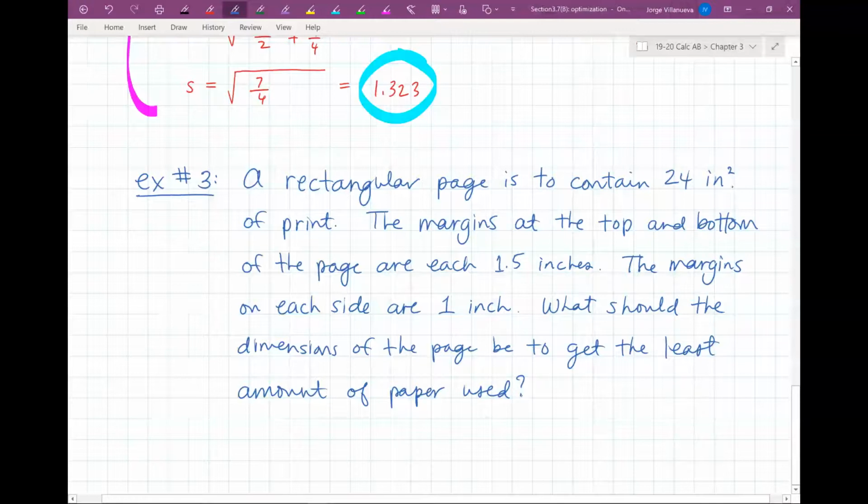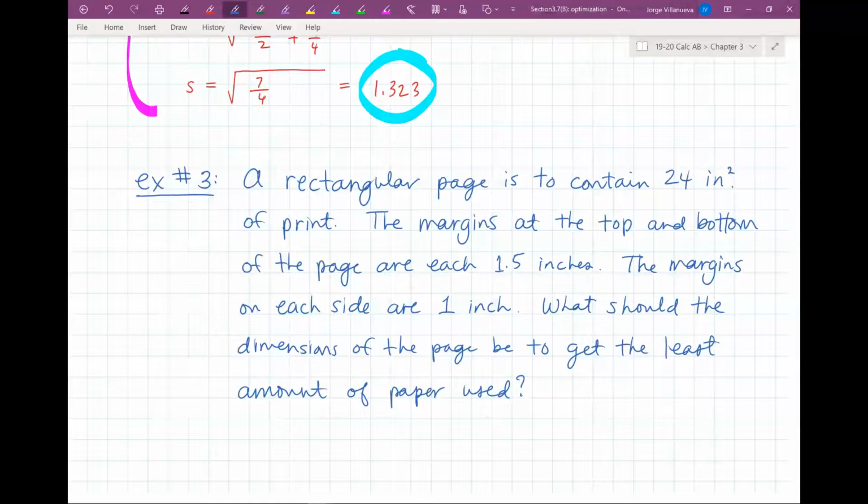You have a couple of options. You can do anything in between, 5 by something, to make it 24 square inches of print inside the piece of paper. The margins must be 1.5 on top and bottom and 1 inch on left and right, but you can move it around however you'd like.